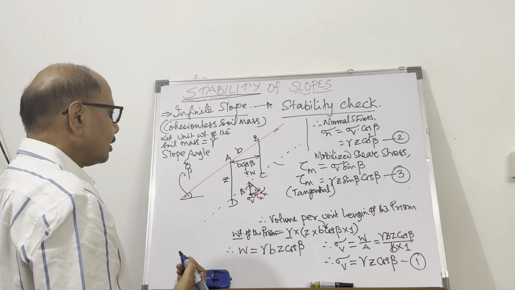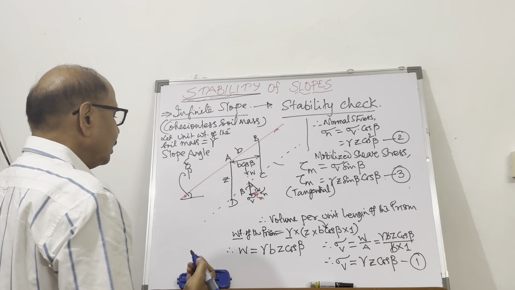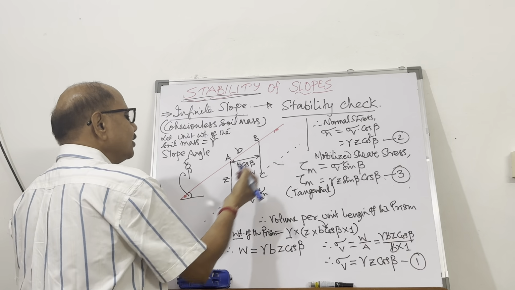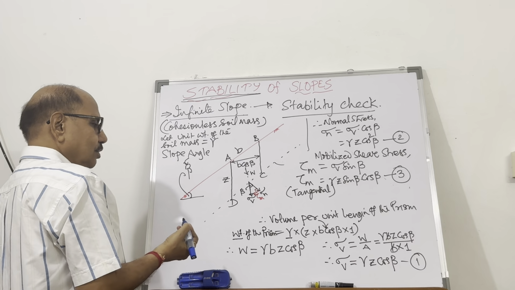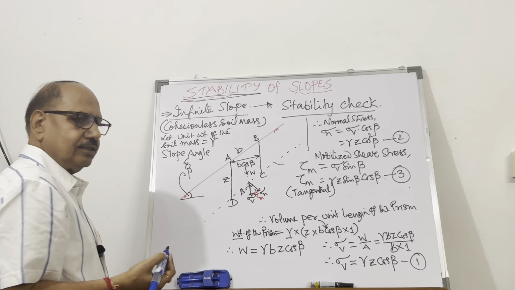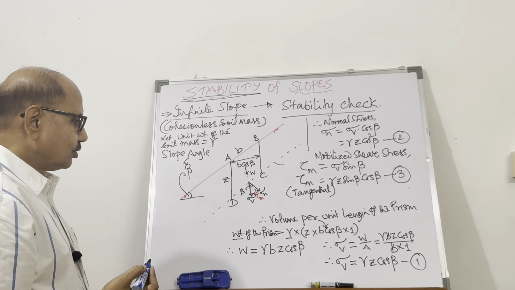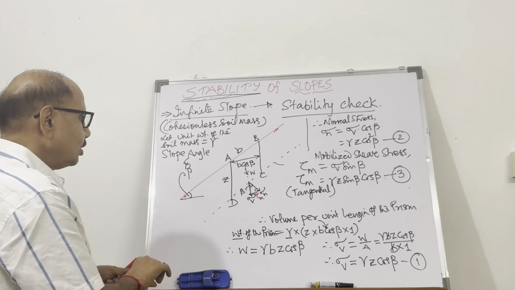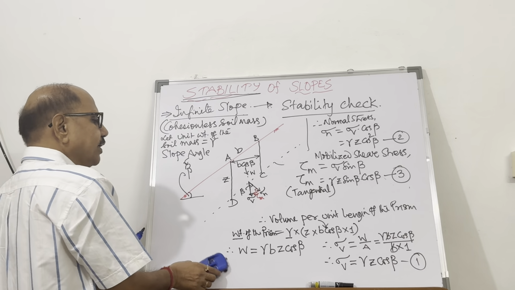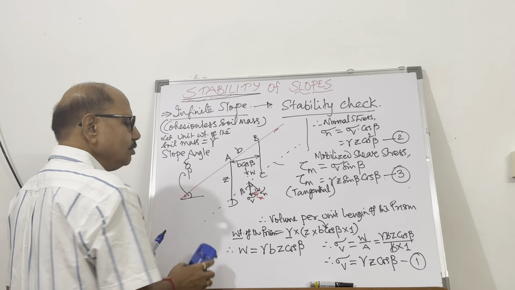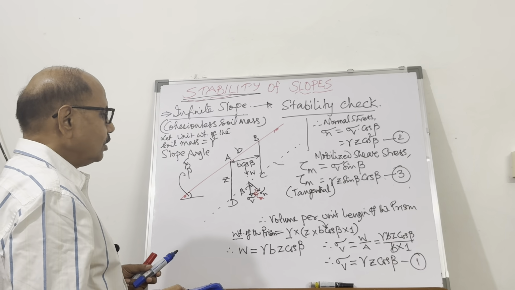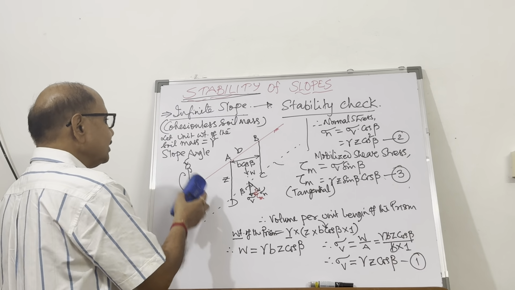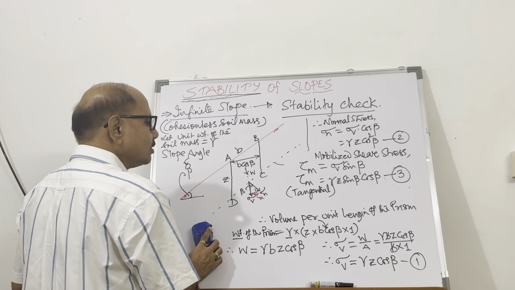And therefore, the resisting shear, the ultimate shearing resistance, is a material property, which depends upon the value of phi, because it is a cohesionless soil mass.